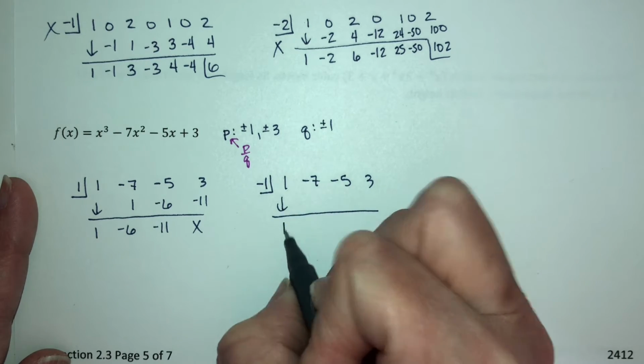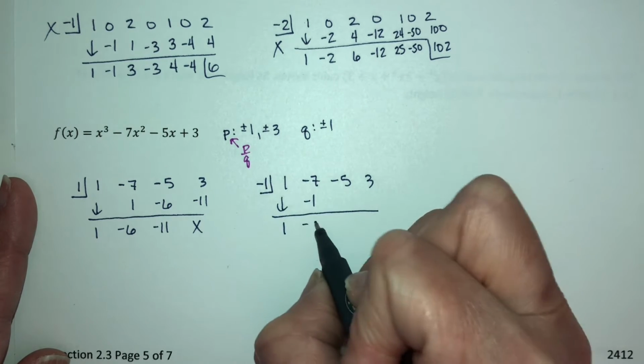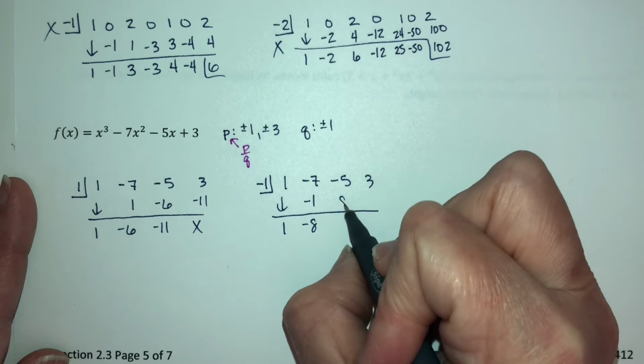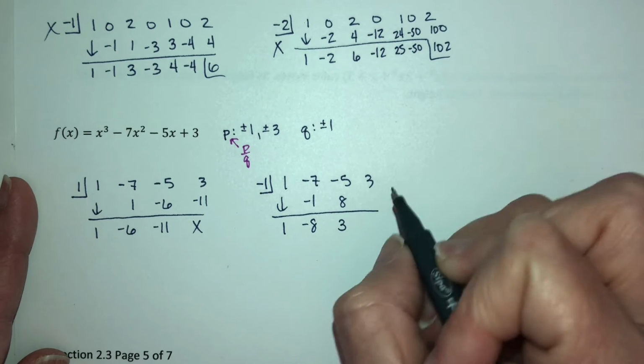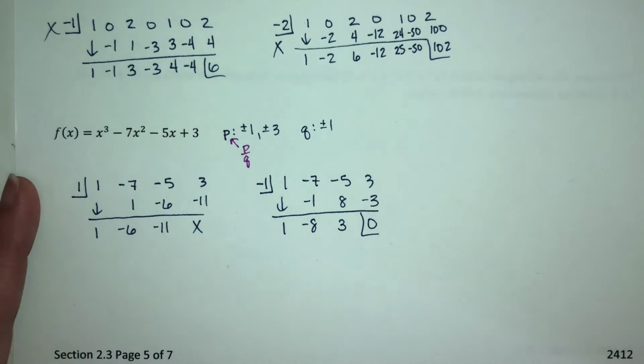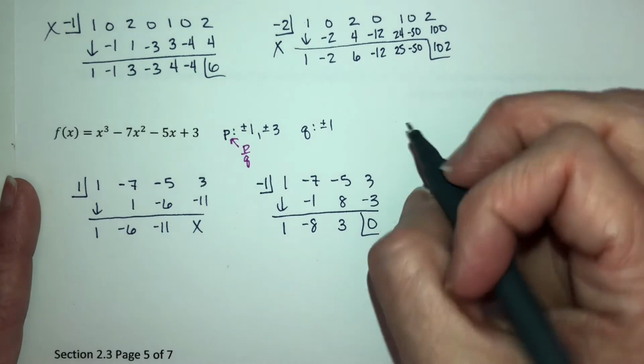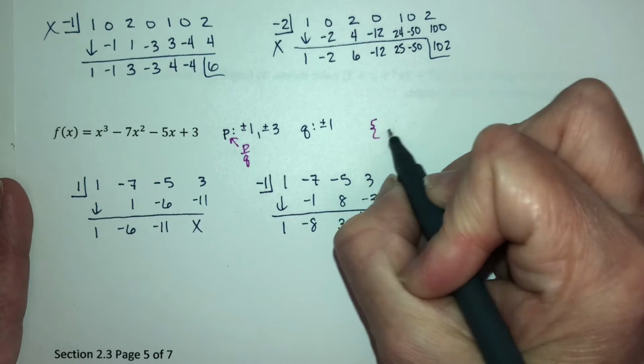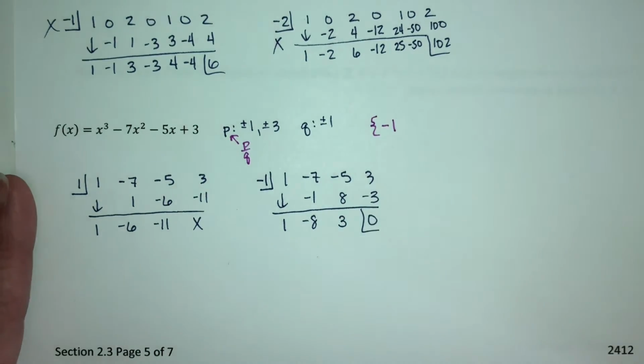Bring down the 1. It's -1, that's -8. +8, +3, -3, and 0. Okay, good. So I have at least one solution, and it is -1.